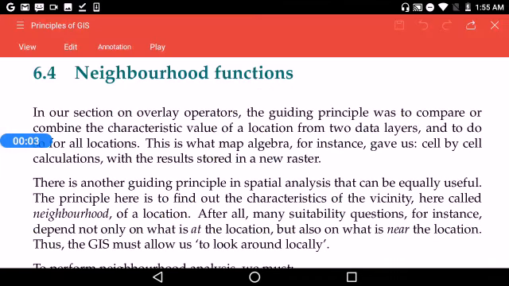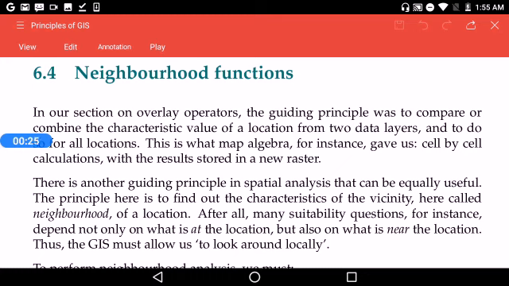Neighborhood functions. Neighborhood functions are used to find the characteristics of the vicinity, which means the neighborhood of any location. This means we not only want to find what is at a particular location, but also what is near to that location.